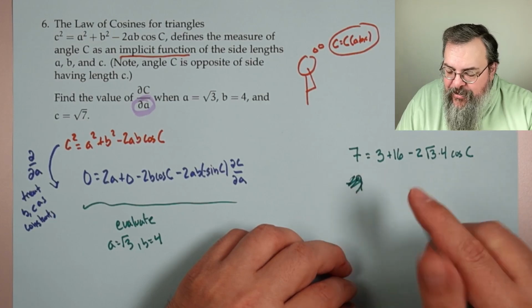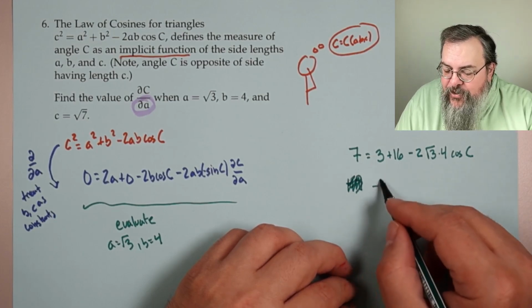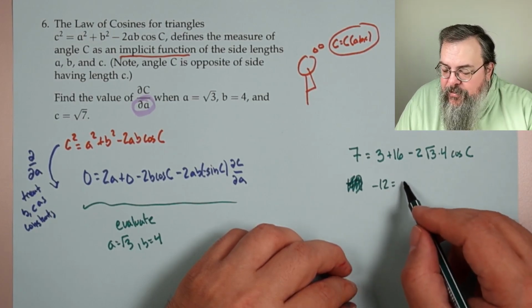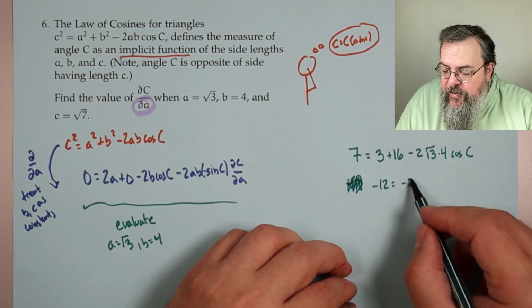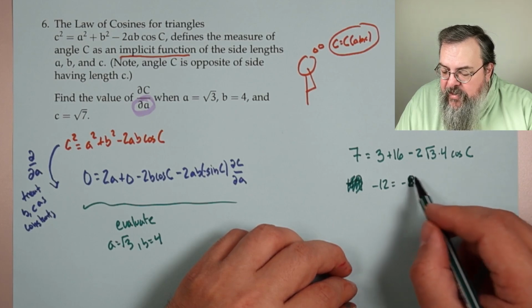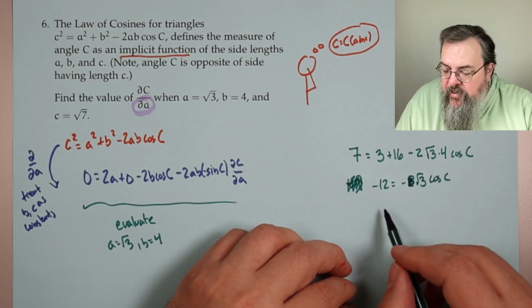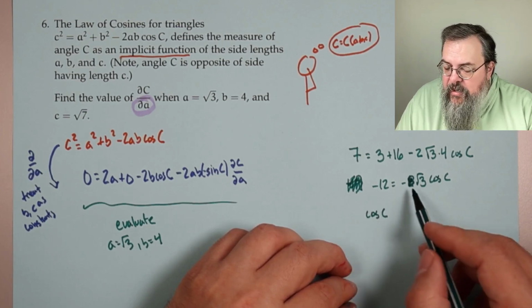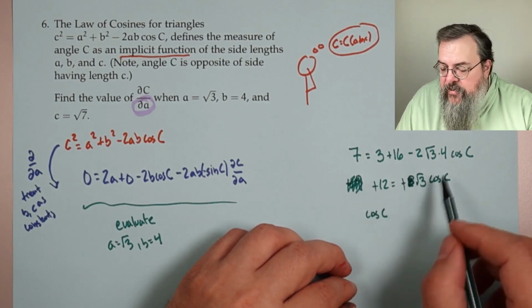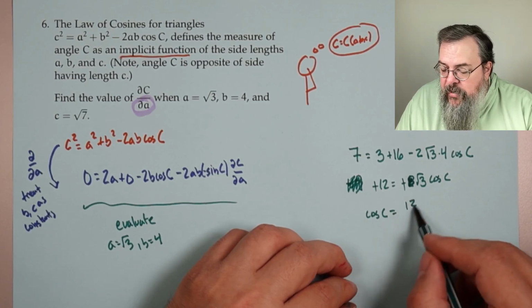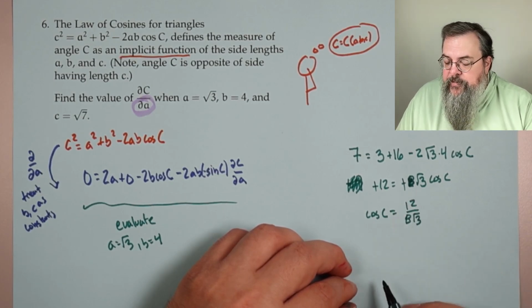I also have to subtract the 3. All right. Negative 12 equals minus 2. Well, there's 4 there. Let's go ahead and multiply. So minus 8 root 3 cosine C. So that says cosine of C, well, the negatives go away, is 12 divided by 8 root 3.